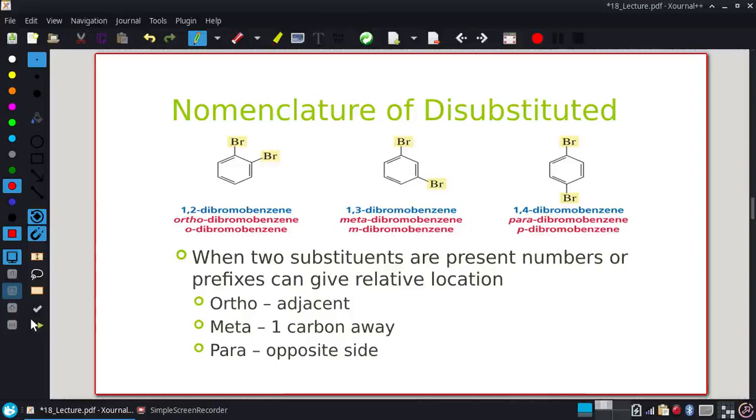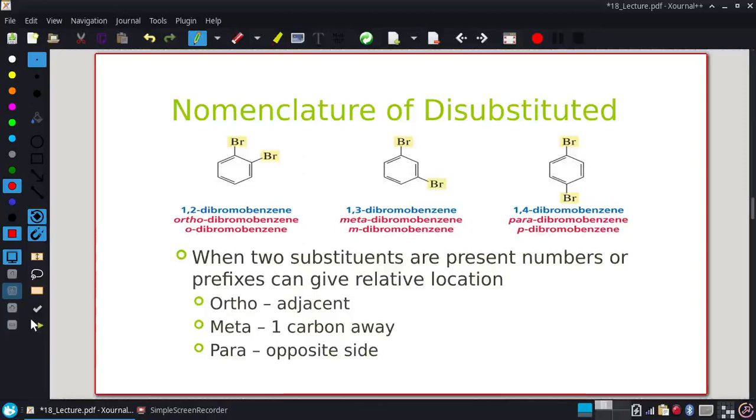Ortho is when they're directly next to each other. Meta is when there's one empty between them, so 1, 2, 3, and directly across from each other is para. So while it is proper to say 1,2-dibromo, 1,3-dibromo, and 1,4-dibromo, it is also perfectly acceptable to say ortho-dibromobenzene.